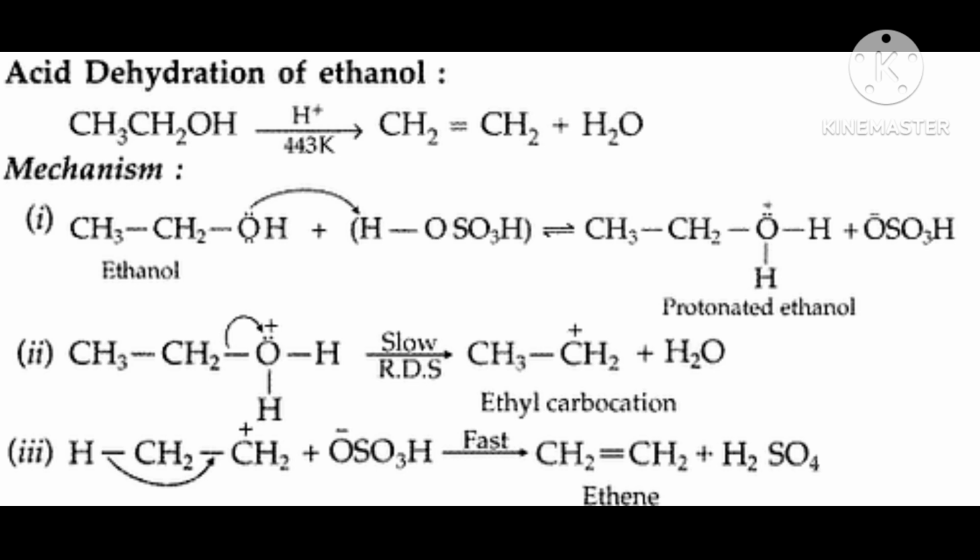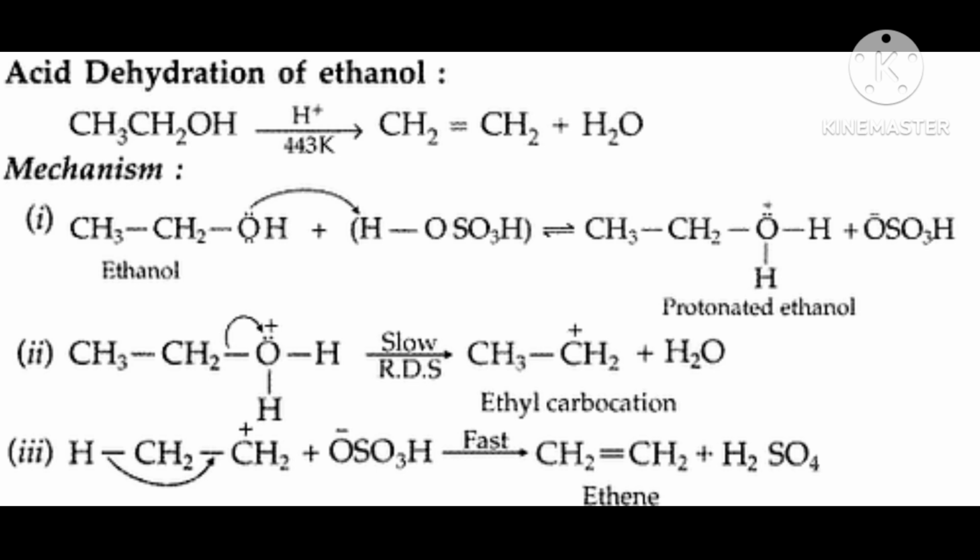O is having a positive charge. Now the first carbon's hydrogen is going by leaving its electron. Then that carbon will have a negative charge. Hydrogen will go as H plus. Then this plus carbon and minus carbon will make a double bond.